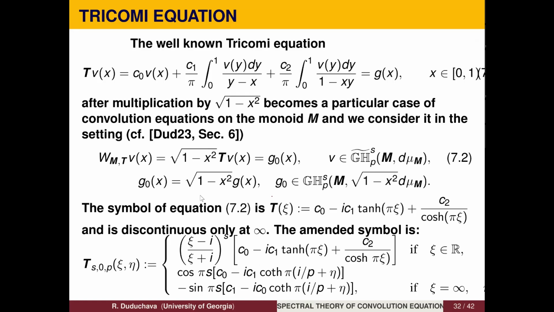Now on the half axis, on the submonoid, we again define the amended symbol. It's written here, the amended symbol on the lower line, and again this same theorem.